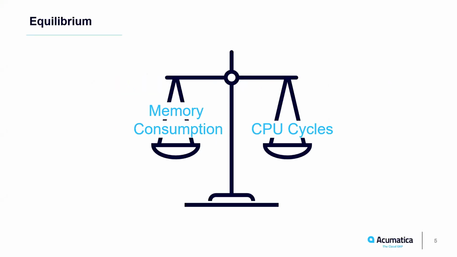So first of all, when you start to optimize something, you always have a trade-off. You can optimize something to consume fewer CPU cycles, but at the same time, you achieve that by, for instance, caching some data in between in order to not recalculate it over and over again. So what's the trade-off here?